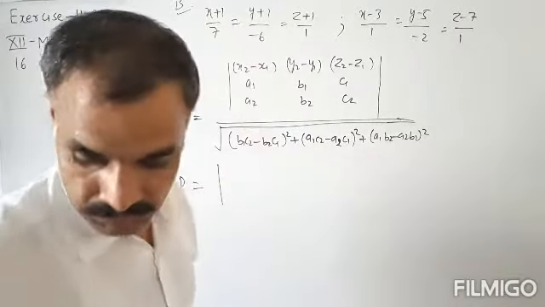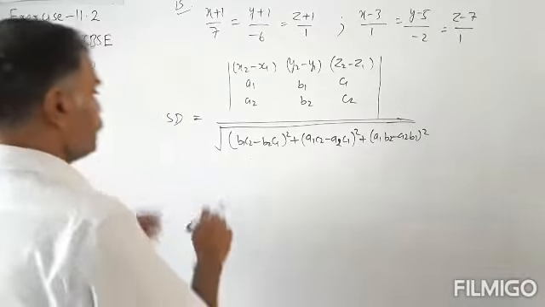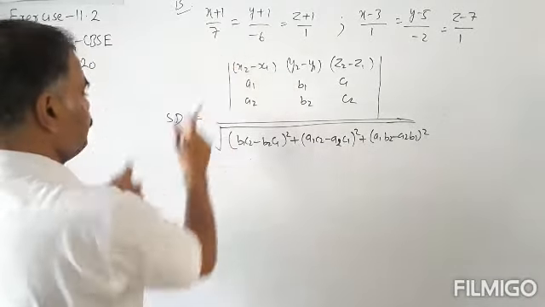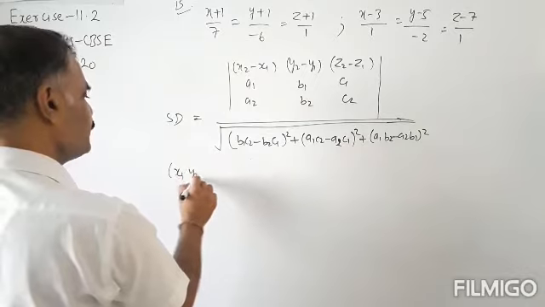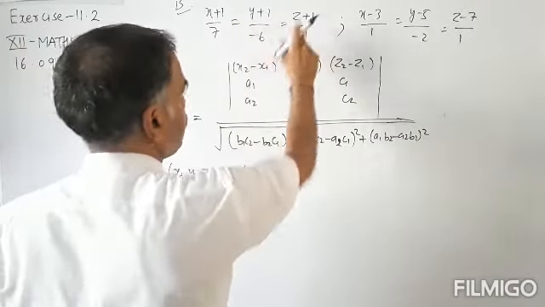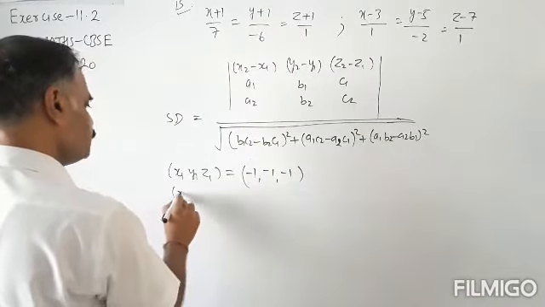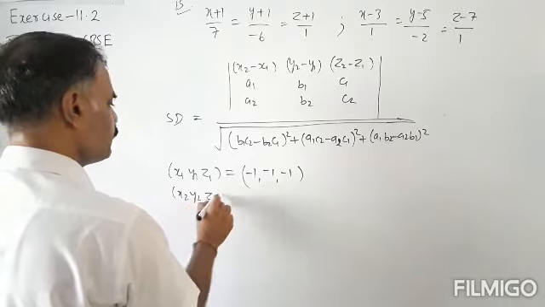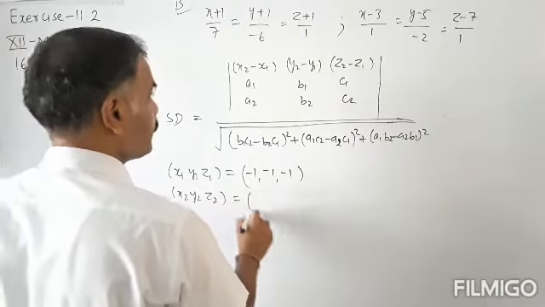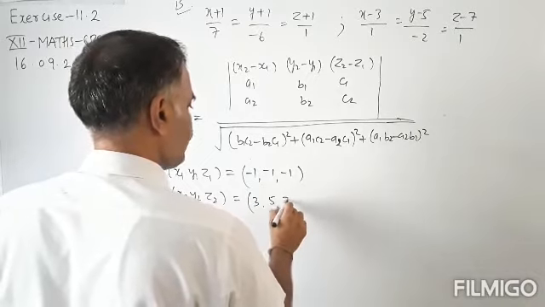Now we have to sort out the values of x1 y1 z1 and so on. So from the first line, x1 y1 z1 is equal to minus 1, minus 1, minus 1. x2 y2 and z2 is equal to 3, 5 and 7.